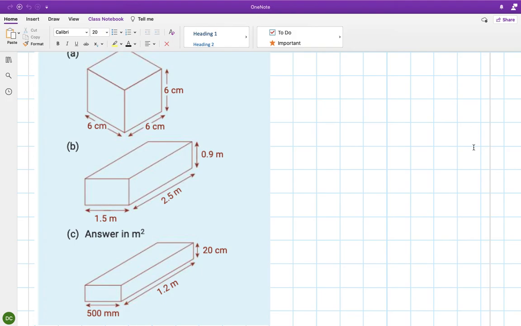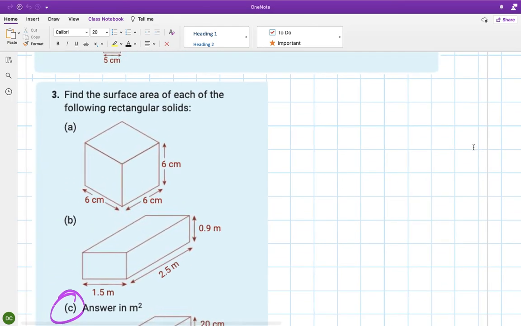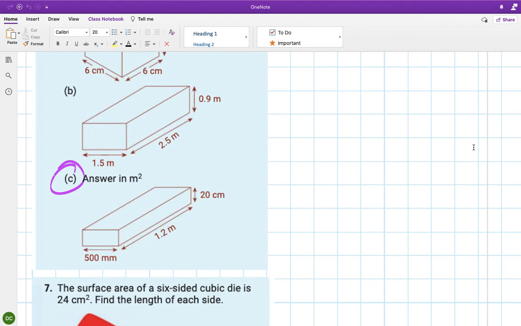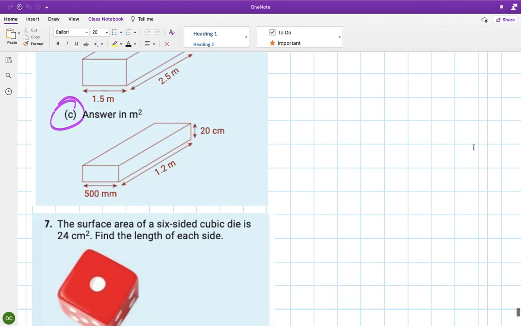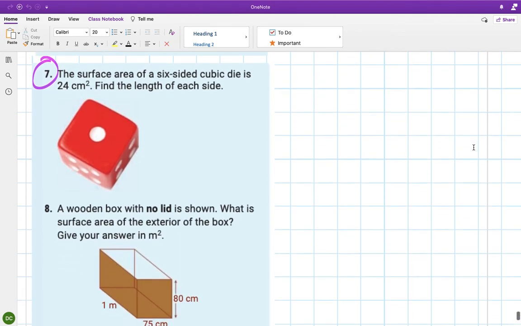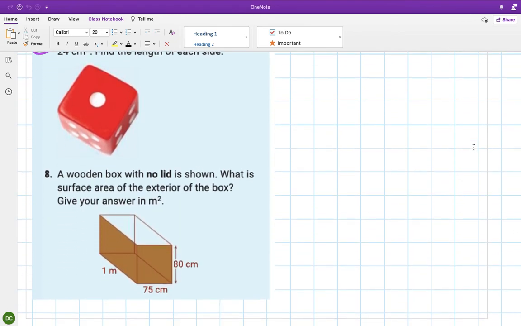I think they're fairly straightforward. So we're going to go with this one here. The question there is, find the surface area. And specifically, it wants the answers in meters squared, so there's a bit of conversion to be done there. And then I want you to do question 7, which is about a cubic dice. And then I want you to do question 8, which is a wooden box with no lid.